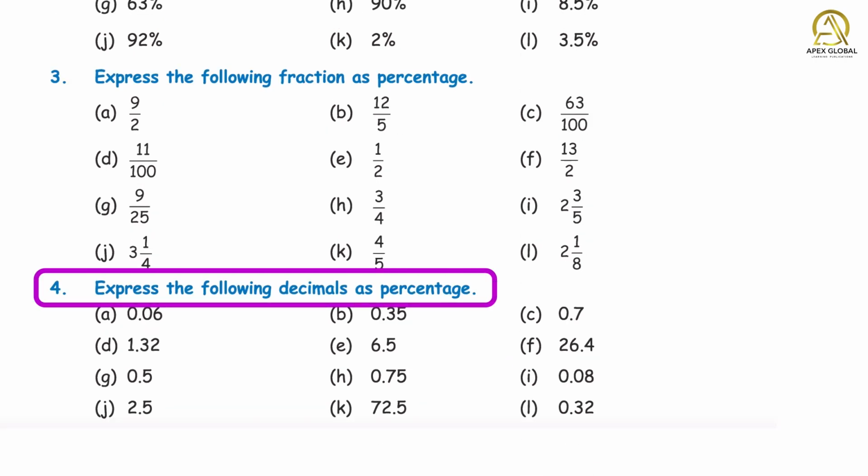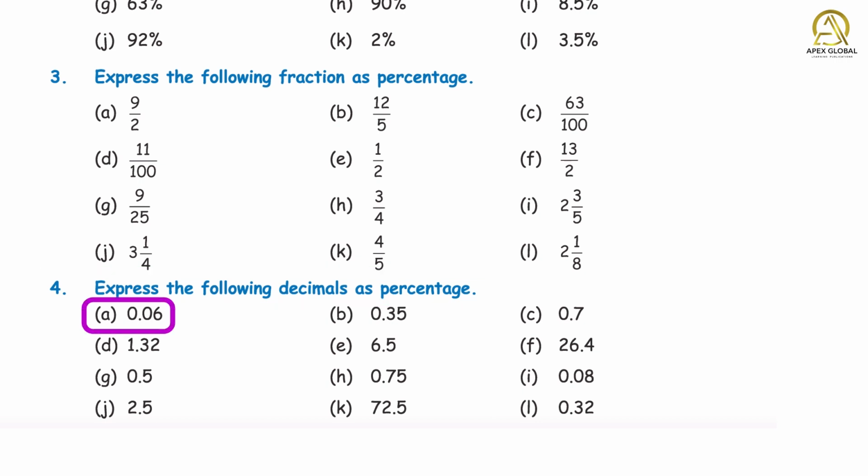Question 4. Express the following decimals as percentage. A 0.06, 6%. B 0.35, 35%. C 0.7, 70%. D 1.32, 132%. E 6.5, 650%. F 26.4, 2640%.